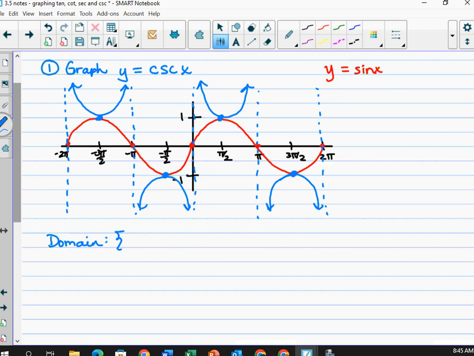Squiggle bracket x such that x is an element of the reals, but x cannot equal. What it cannot equal are the asymptotes. So tell me where one asymptote is. You could say -2 pi, -pi, 0, pi, 2 pi. Any of those.